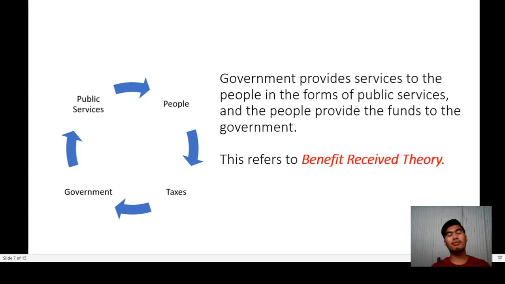This refers to the benefit received theory. So guys, legit ngayon nasa pandemic tayo, so government nagpo-provide ng health services to the people.